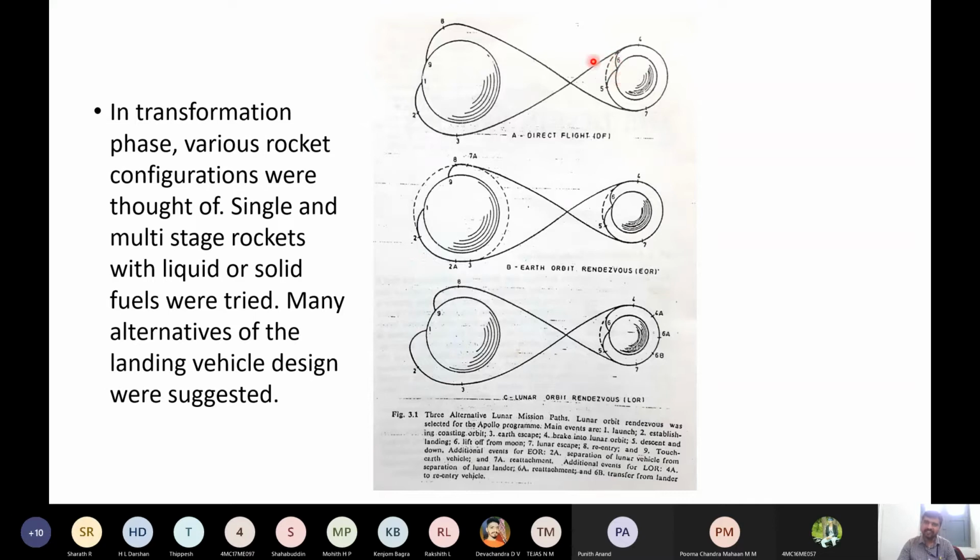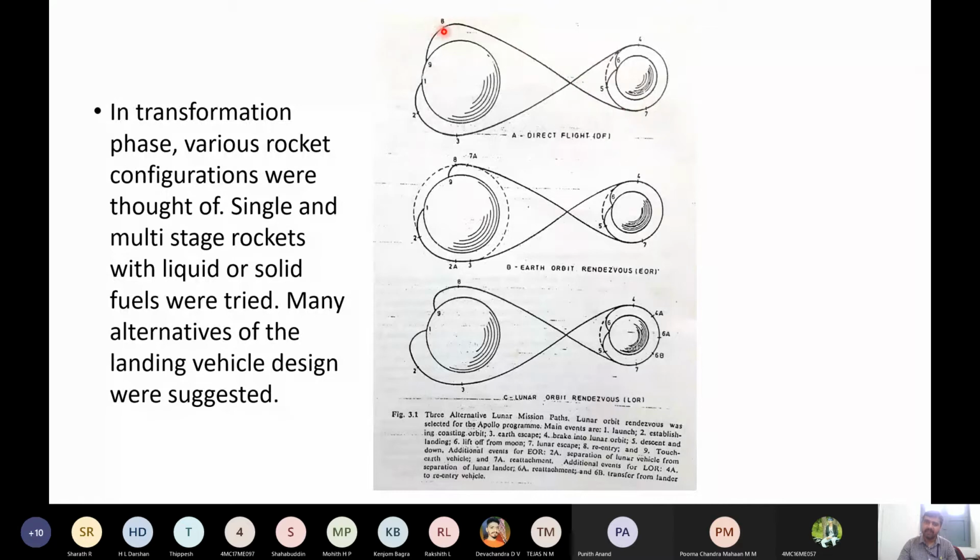After some time, they will study a few aspects related to the moon environment and take some required details regarding that. Then again it has to take off. So 6 is the takeoff point. Again the vehicle has to revolve in the lunar orbit. 7 is the point where the vehicle will escape from the lunar orbit, that is the moon orbit. Again, it will take this path.